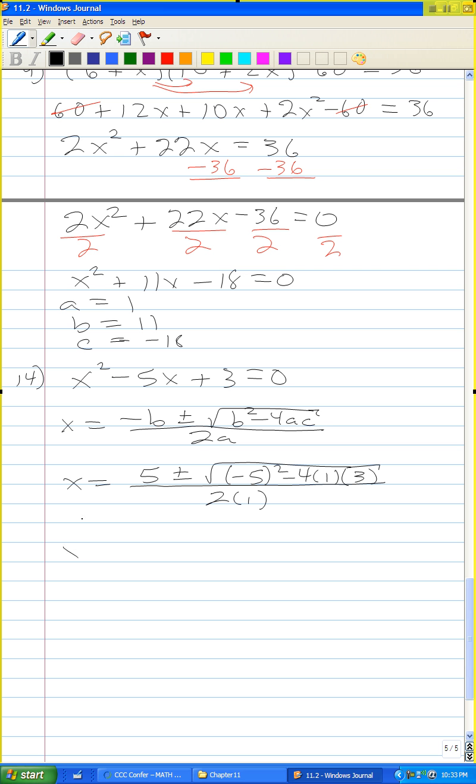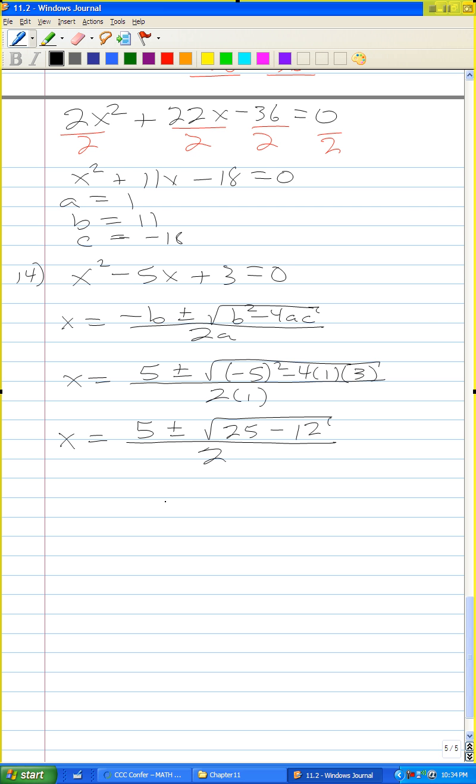And so I get that x is equal to 5 plus or minus the square root of negative 5 squared, which is 25, minus 4 times 1 times 3, which is 12, all over 2 times 1, which is 2. 25 minus 12 is 13. So x is equal to 5 plus or minus the square root of 13 over 2. And that is your answer.